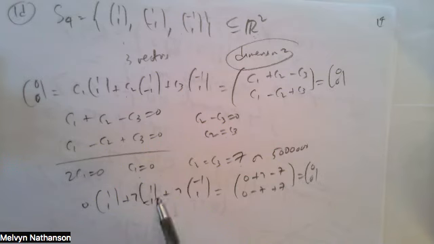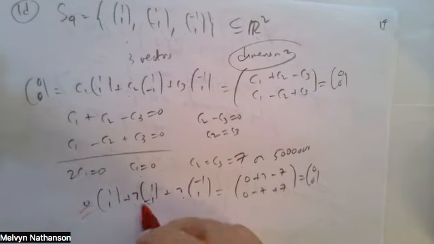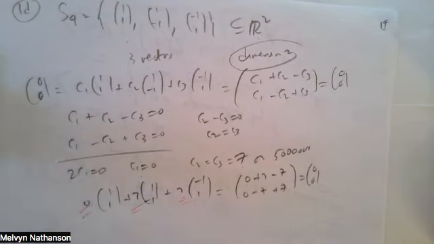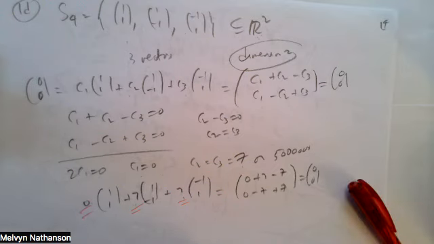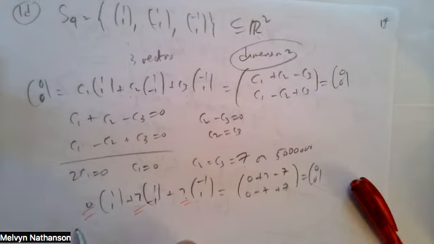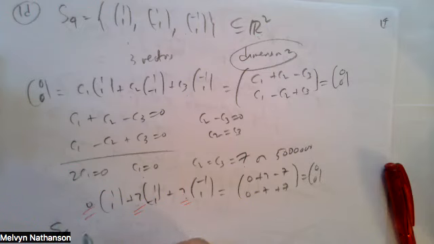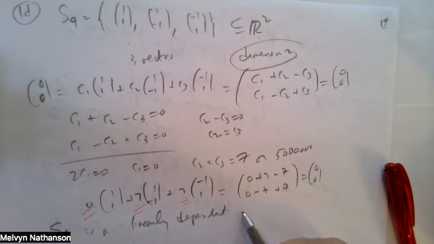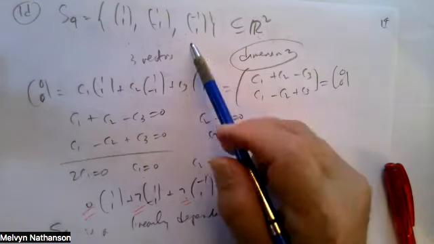In any case, this is a linear combination where not all the coefficients are 0. One of them is 0, but 2 of them are not. So that proves that S4 is a linearly dependent set.